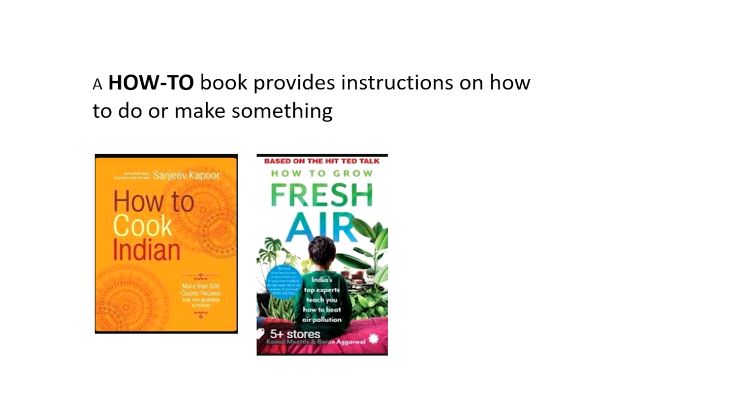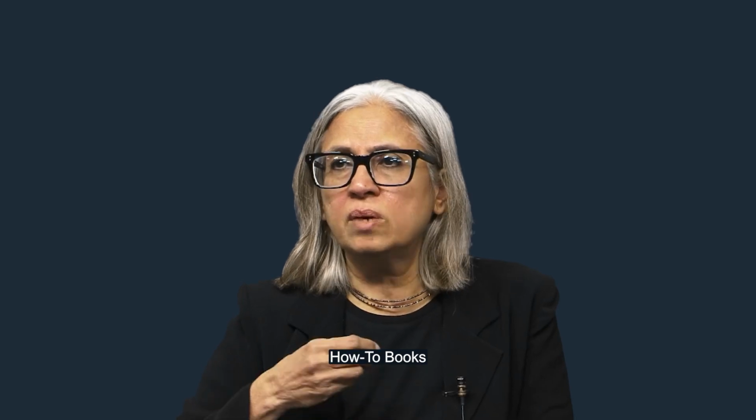But the examples I pulled out here are How to Cook Indian, How to Grow Fresh Air. So these are more hands-on examples of hobbies or things that you want to actually do. There's a great deal of interest in the environment, in doing things like recycling, for instance, or using waste management and things like that, and books that tell you how to.